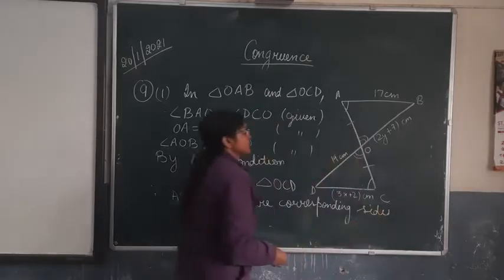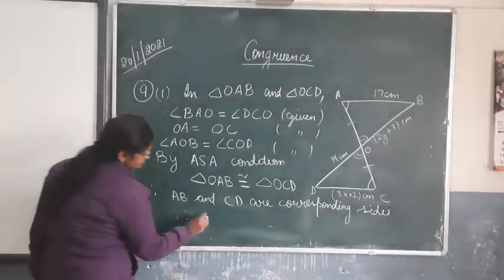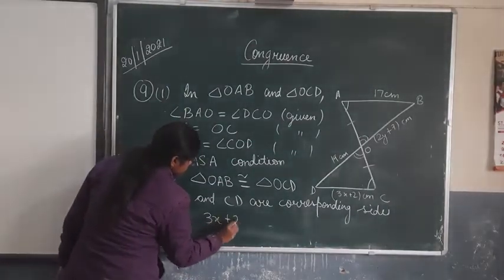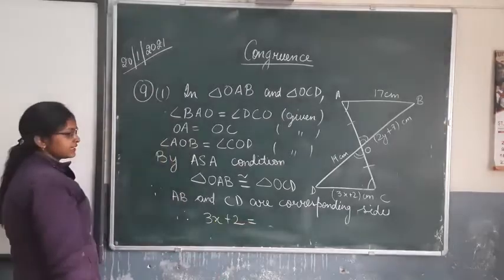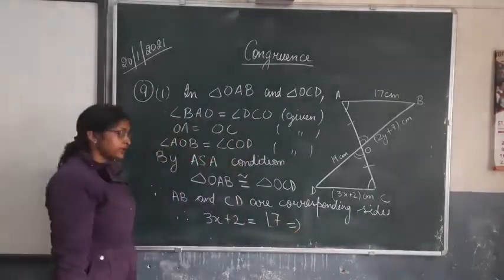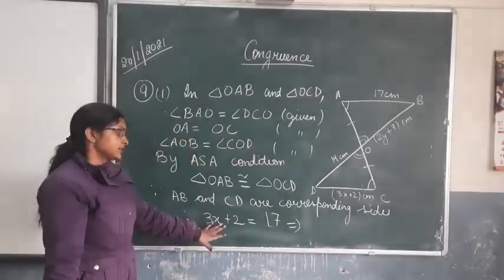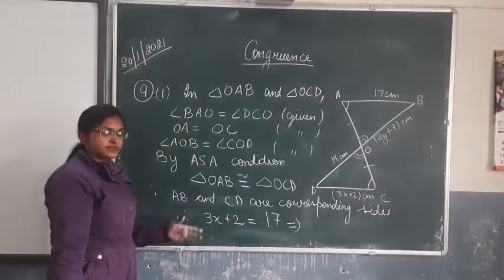Therefore, 3x plus 2 is equal to how much? That is 17 centimeters. So this implies, this 2 is added with 3x, so we can just transfer it to the right hand side. There will come a subtraction sign.